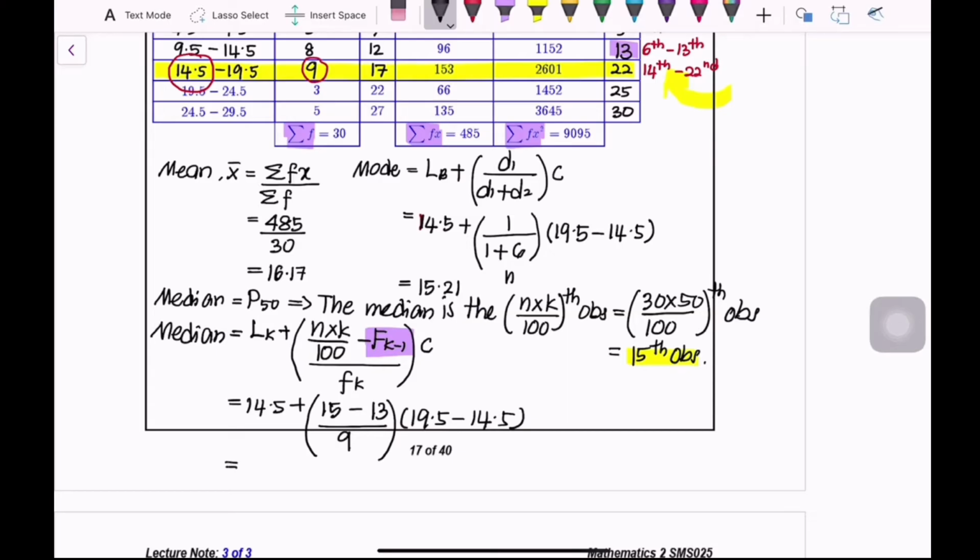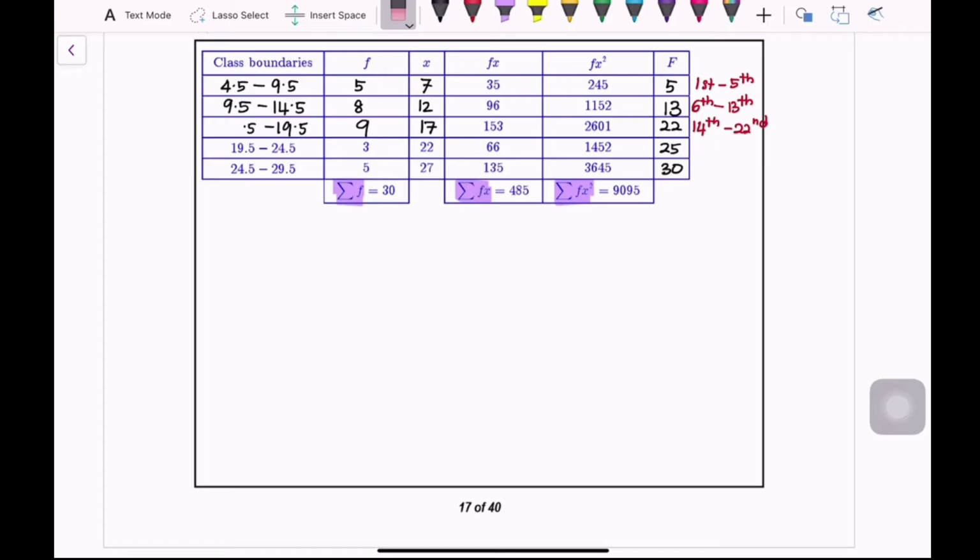Then we find the value of the median is equal to 15.61.